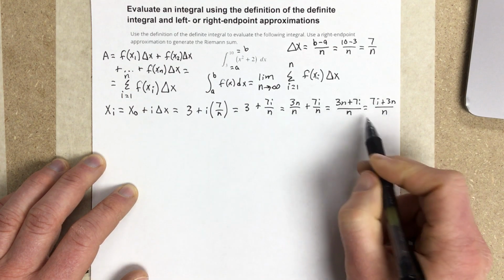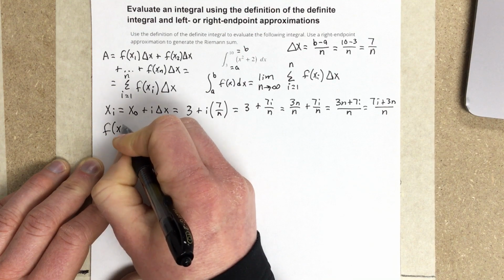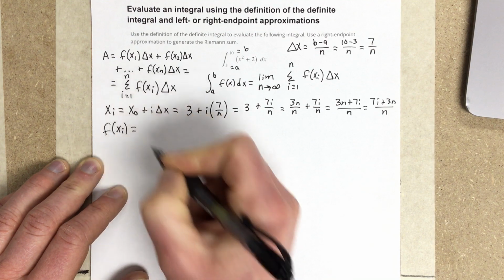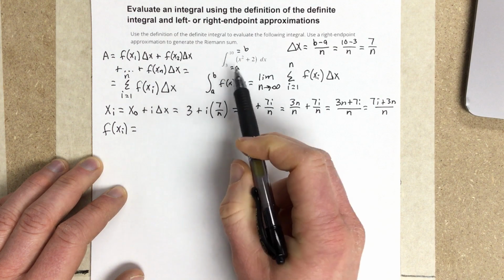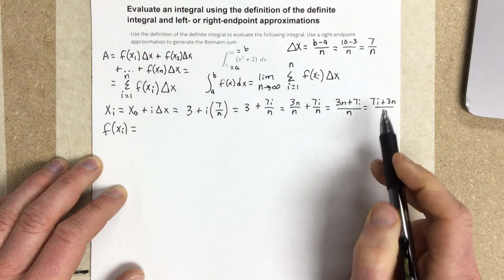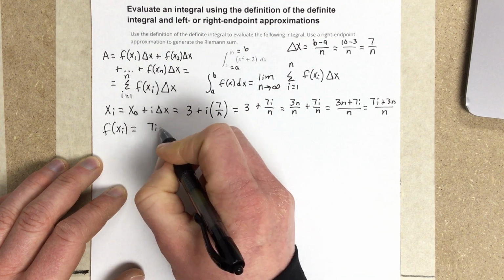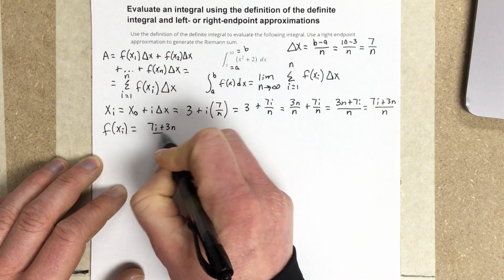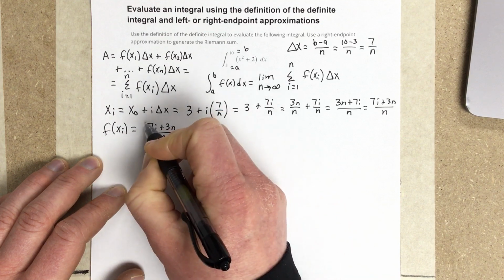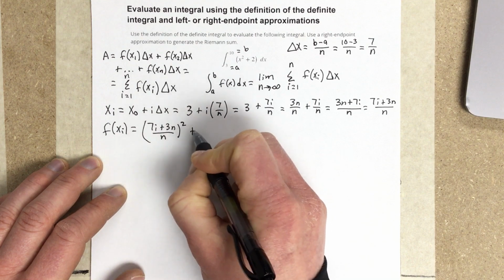So now that we have xi, we want to find what f of xi is. Well, f of xi is going to be our function, which is x squared plus 2, with xi substituted in there. So we're going to say that this is 7i plus 3n over n, squared, plus 2.